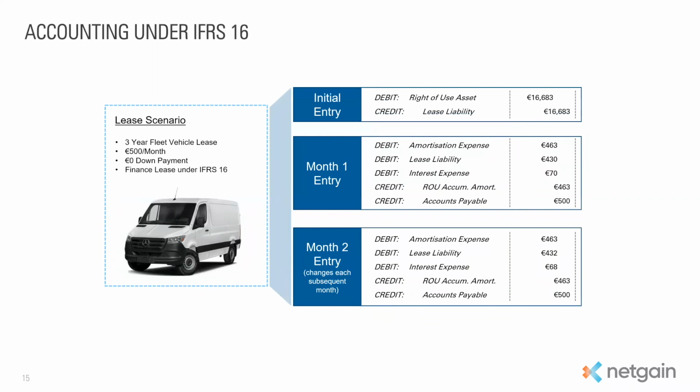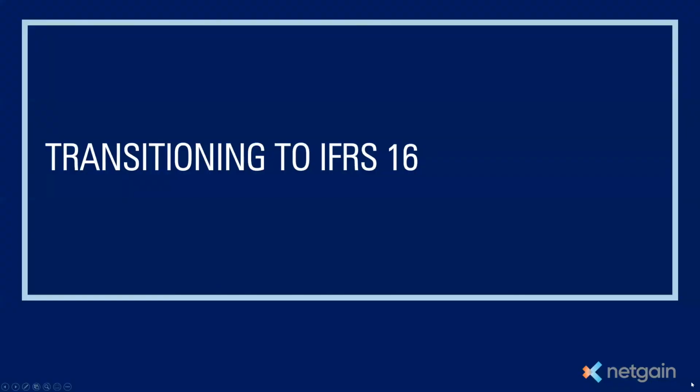And so you have to capitalize the asset and the liability on the front end, and then you have these 5-line journal entries that account for everything from the payment, interest expense, amortization expense, all the way through. And then, of course, those are changing every single month based on the effective interest component there. So, again, it takes something that was very straightforward and converts it into a very complex transaction for the accounting teams out there.